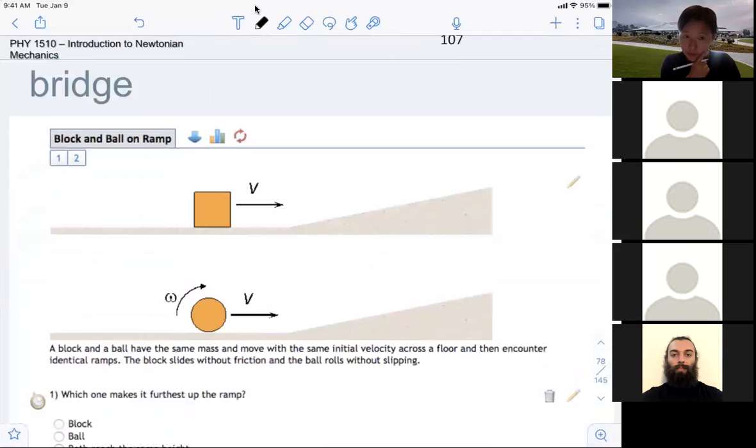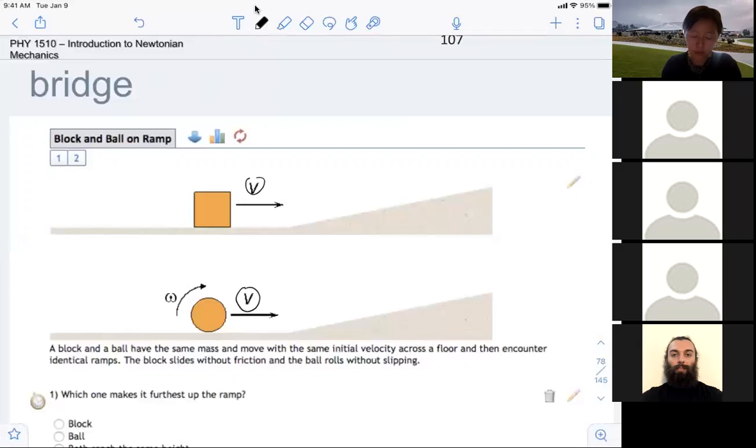Now, this is a very similar type of question, but it's reversed. Instead of going from the top, where they start out with the same amount of energy that distributes into translational kinetic energy and rotational kinetic energy, this is going from the bottom up. They move with the same v.